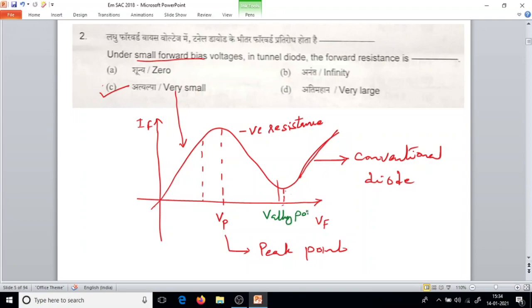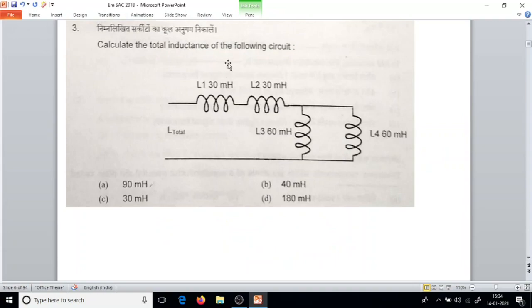You should know how the curve looks, so that you can answer the questions easily. So this is the next question.